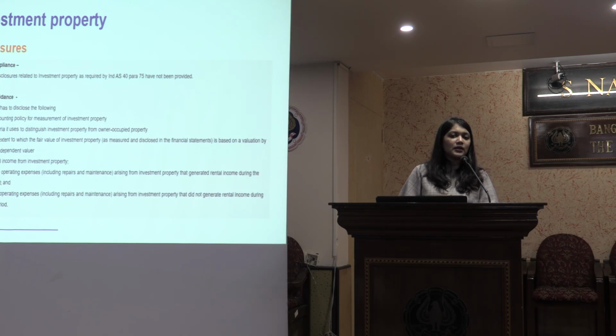So if there is a rental income, you should always go and see whether something needs to be classified as investment property. And more often than not, it would be classified as investment property. So any land or any property that the company is holding in order to earn rentals or appreciation in the form of land appreciation should be shown as an investment property.